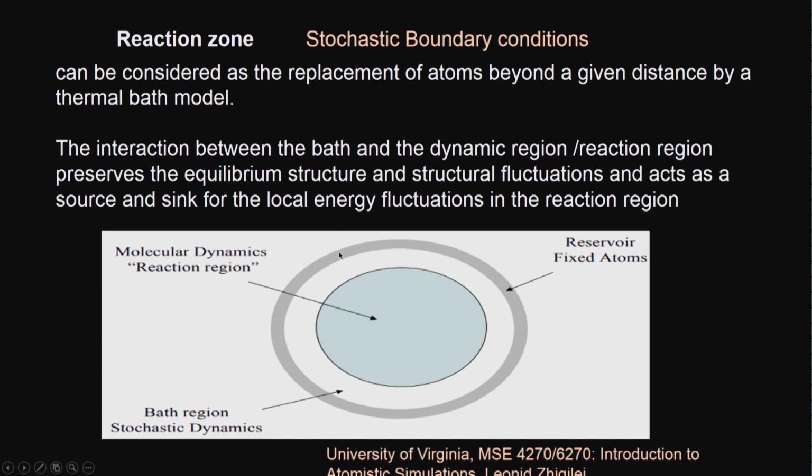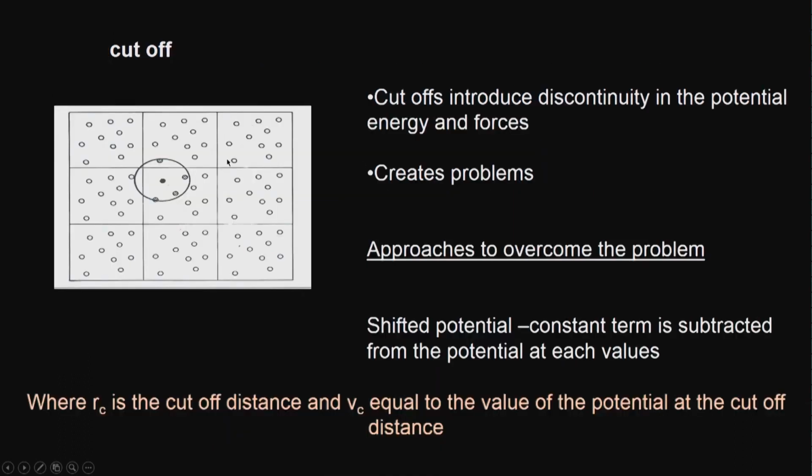The interaction between the bath and the dynamic region, the reaction region, preserves the equilibrium structure. And then this reservoir maintains the energies that these solvent molecules actually face. That is called the reaction zone, which is a stochastic boundary condition.